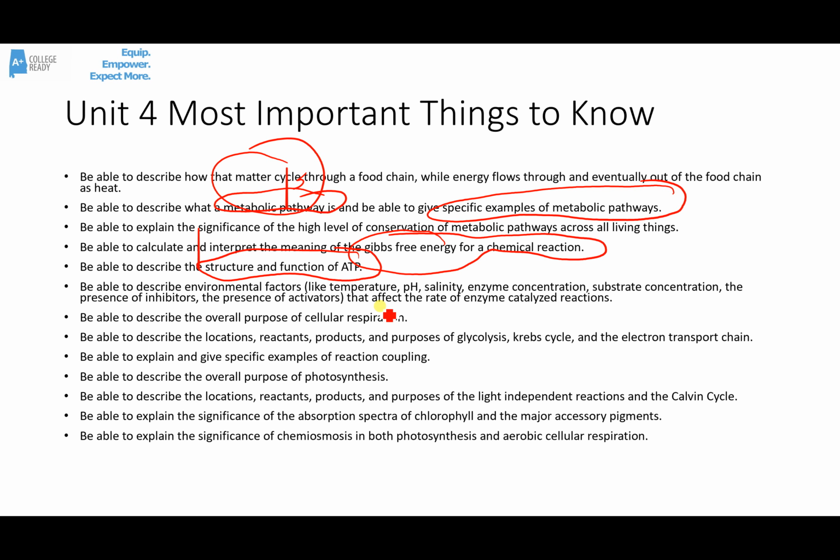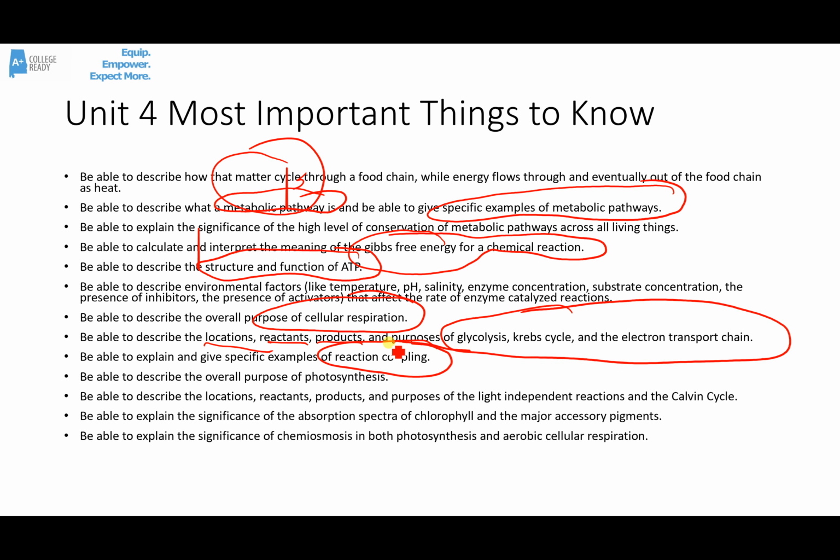Make sure that you can describe the overall purpose of cellular respiration and that you can describe the locations, the reactants, the products, and the purposes of the 3 main phases of aerobic respiration: glycolysis, Krebs cycle, and electron transport chain. Also, make sure you can explain and give some really good examples of coupling or reaction coupling.